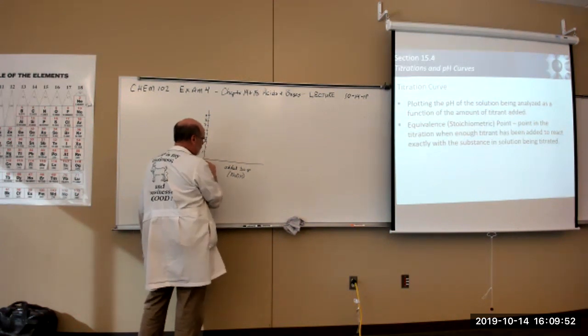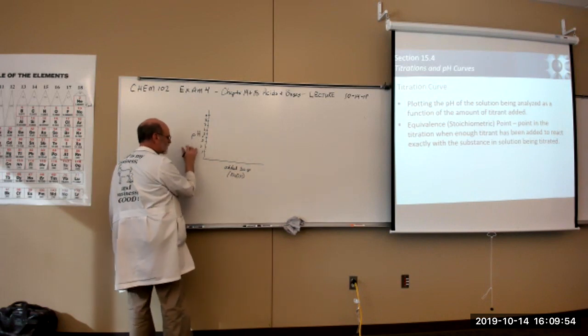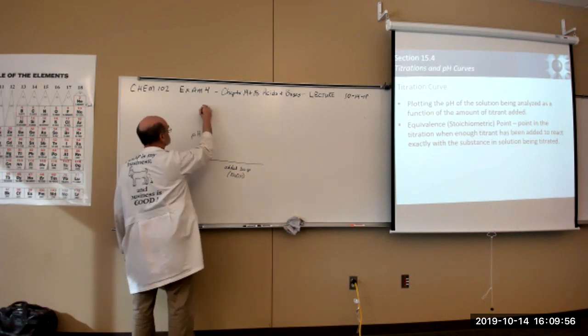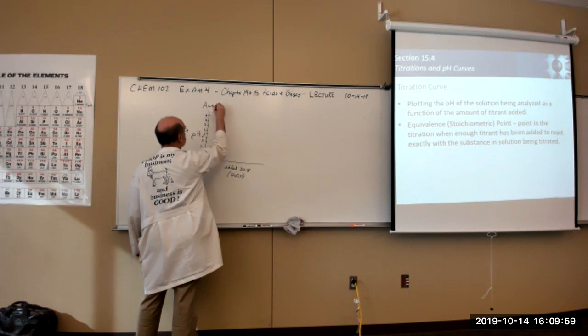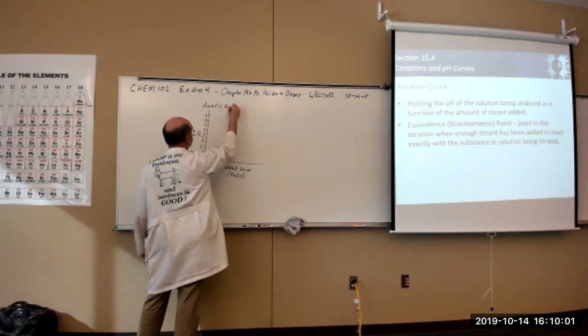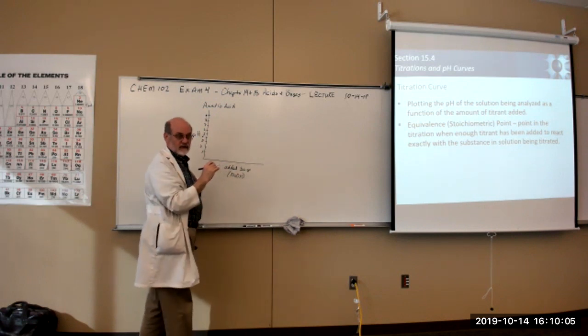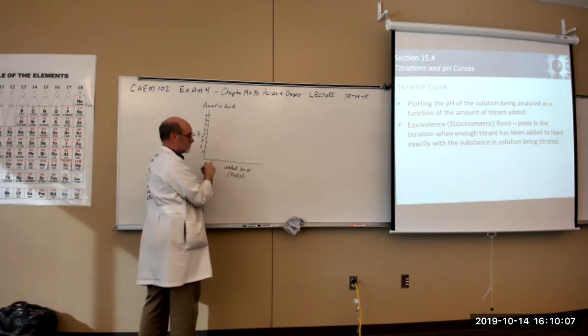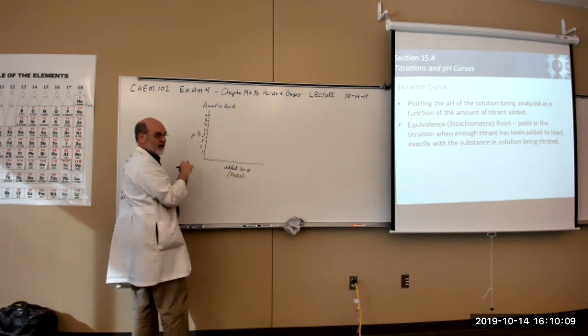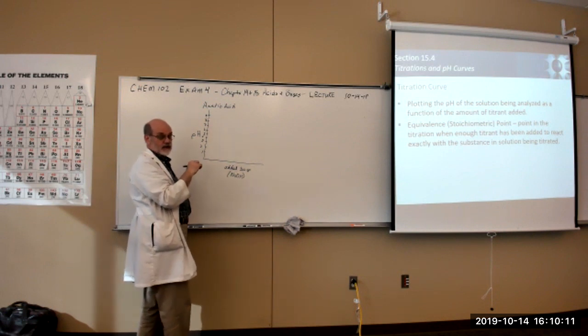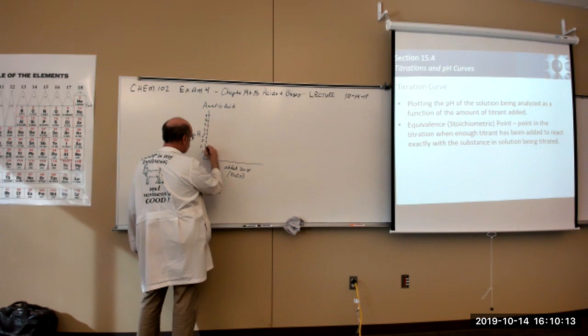So first thing that happens when you have the pure acetic acid is the pH starts to increase because it's not buffered yet, right? It's just the acid. You only have the HA. You don't have the A minus in significant amounts. So the pH starts to increase fast.